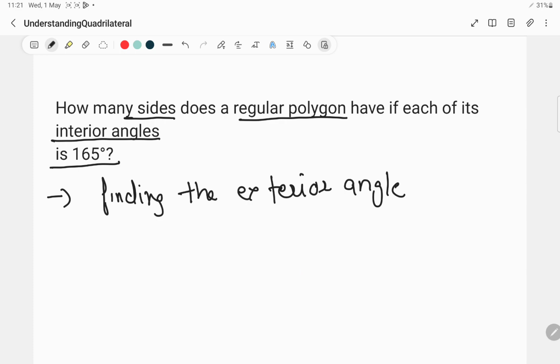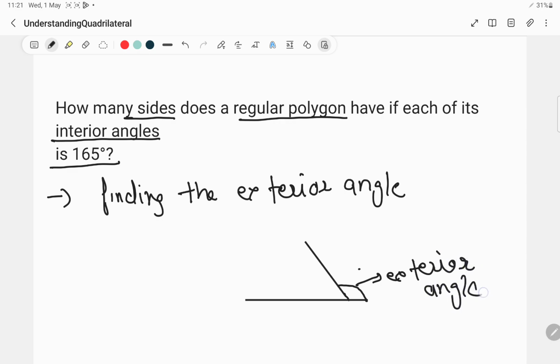Suppose I make a diagram like this. This is the exterior angle, and this is the interior angle.